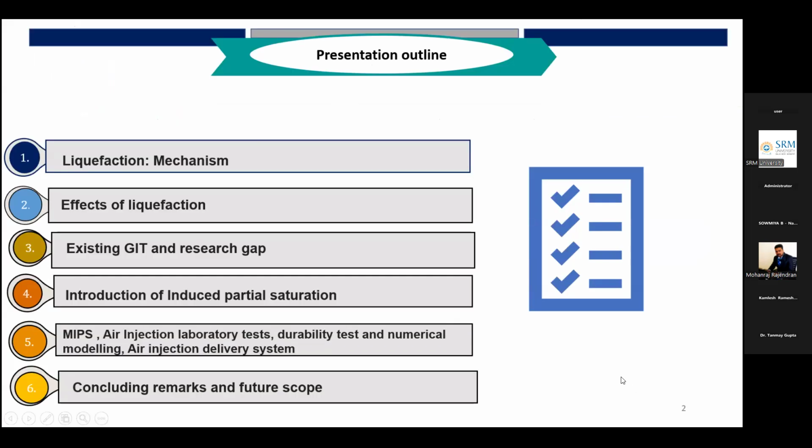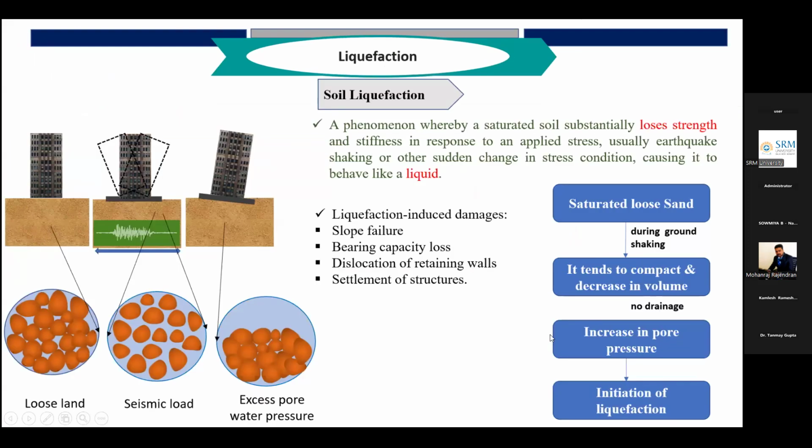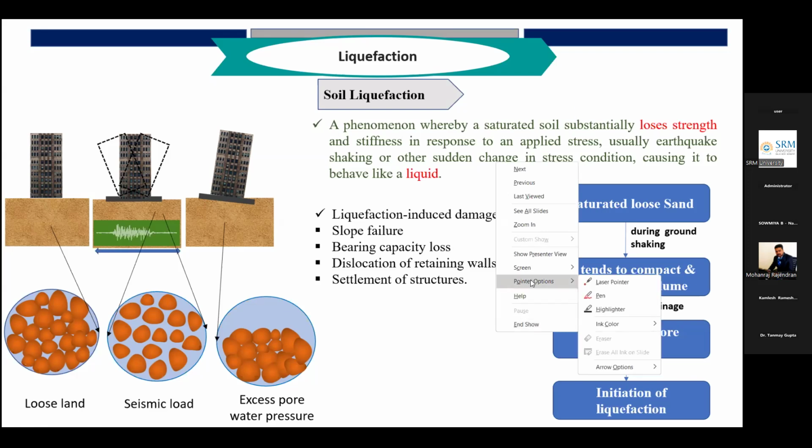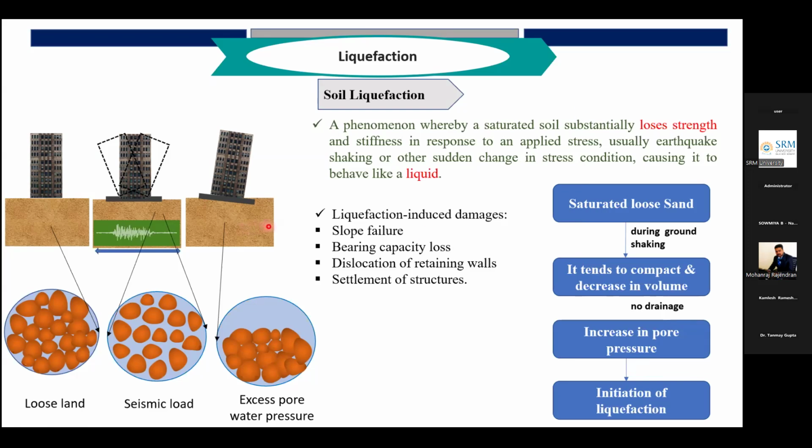This is the presentation outline I have already briefed. Let me briefly explain the soil liquefaction phenomenon. It normally happens in loose deposited soil under the influence of seismic or peak load. Soil particles are separated and pore pressure is increased.